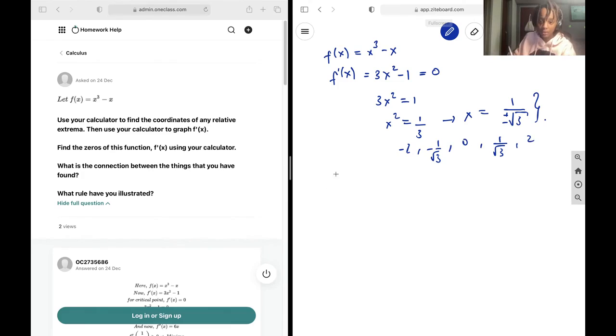Testing negative 2, we get 3 times negative 2 squared minus 1. That gives us 12 minus 1, which is 11. So before our point, we expect a positive.